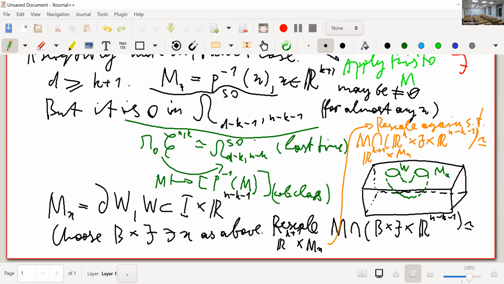Well, M maps to R^(k+1). This map is, well, X is a regular value. Okay, so the map of the tangent spaces is surjective. Okay, now well, this R^(k+1) could be seen as just a subspace of the tangent space that surjects onto R^(k+1).